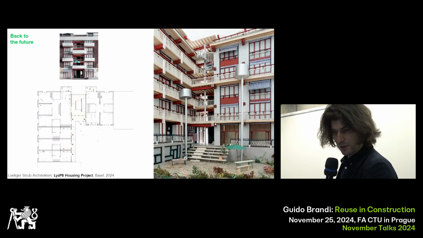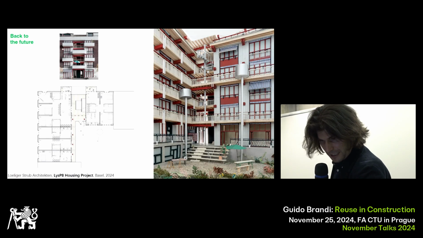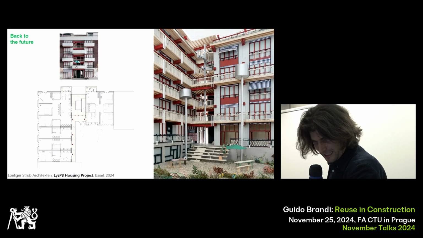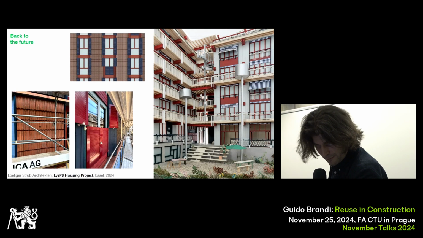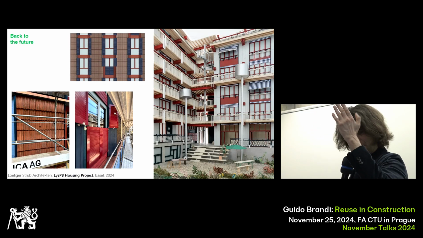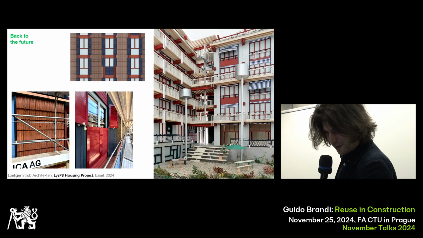This is another project in Basel where it's more fine reuse. I don't know if I have a slide there, but for example, they reuse the window elements outside and all the roof tiles, creating a new facade.